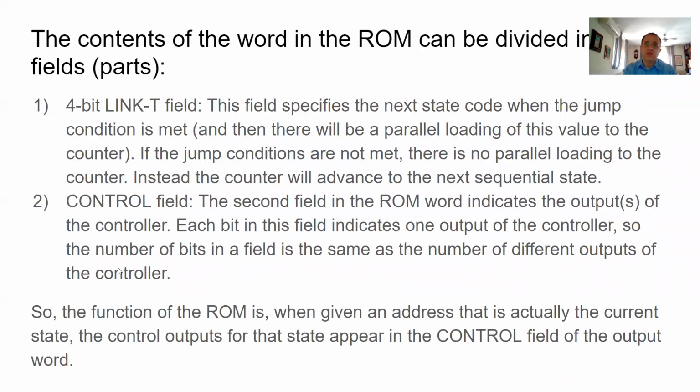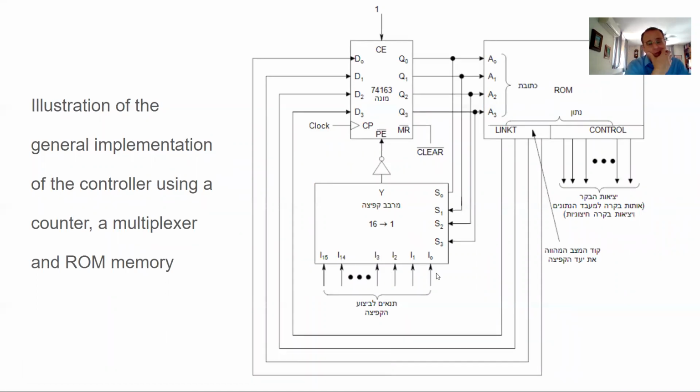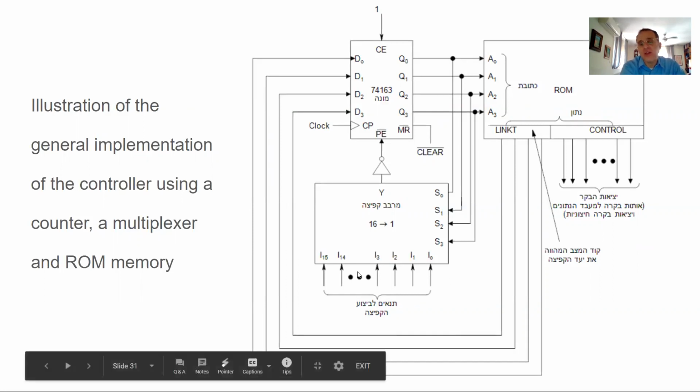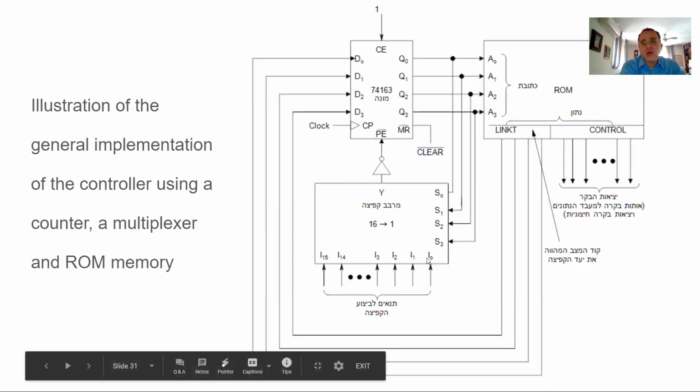So he's explaining a little bit different from what I said. Basically what he's saying is like this. I was saying that this is directly the opcode, which it could be. But it could also be conditions.